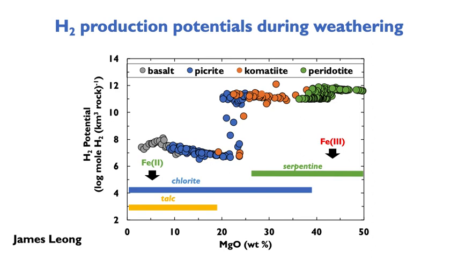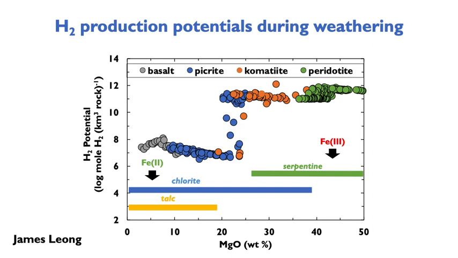So this is low temperature weathering. Again, the rocks are arranged by their magnesium oxide content, and you'll notice that the potential for peridotite and komatiite alteration to produce hydrogen is orders of magnitude greater than that from the alteration of basalt.